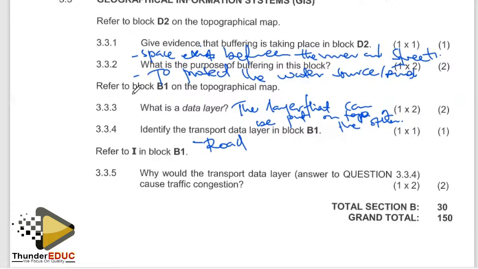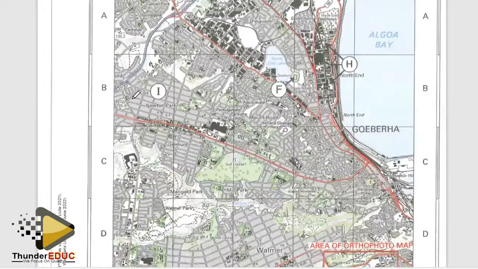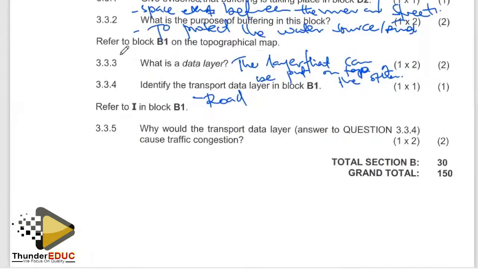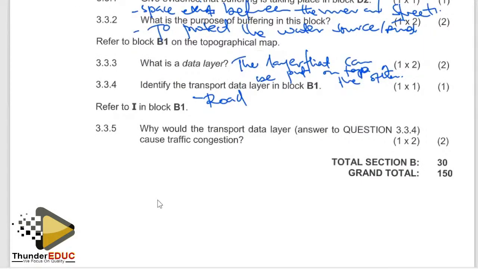Then the last one is referred to I in block B1. Come here, I is here in block B1. This is I. What's the first question? Why would transport data layer in that question cause traffic congestion on roads? Because there are very many intersections.